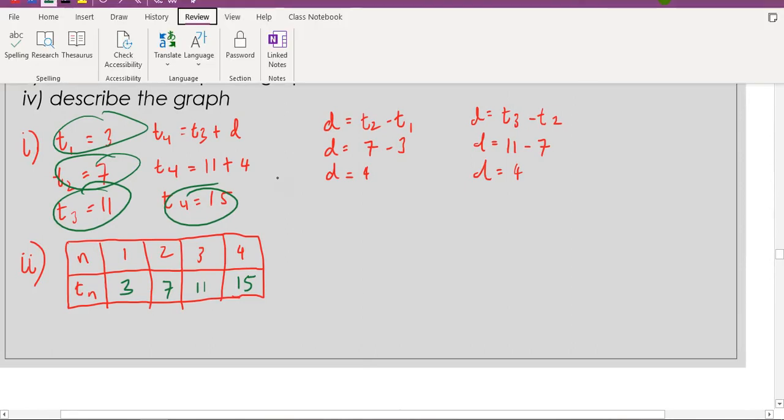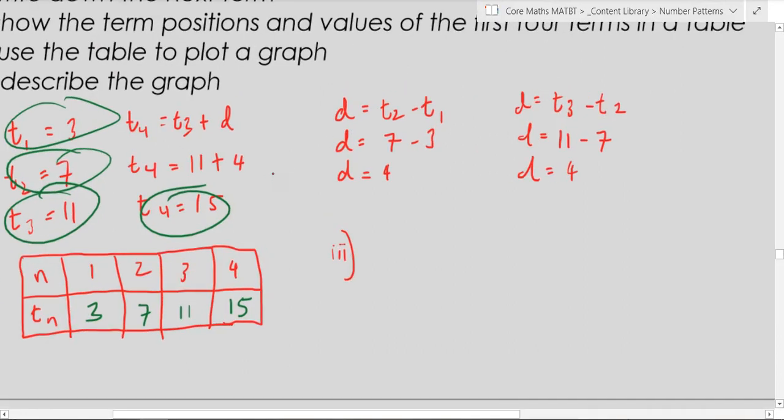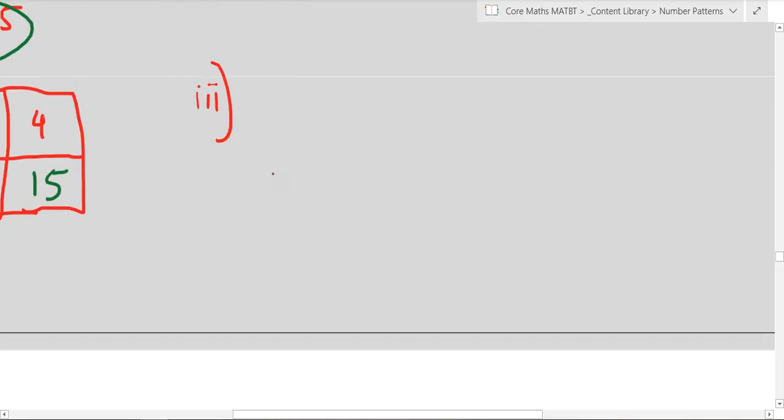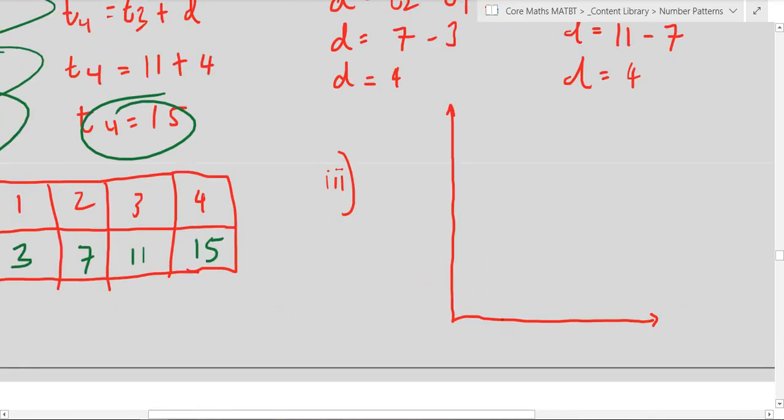Part 3, we need to now plot this in a graph. For this, you need to draw an X and Y graph, like this, one that's got an X-axis and a Y-axis. In terms of the values, use what you've got here.